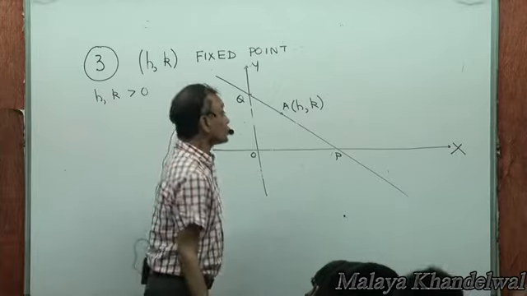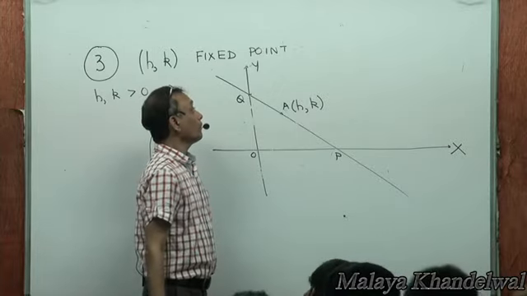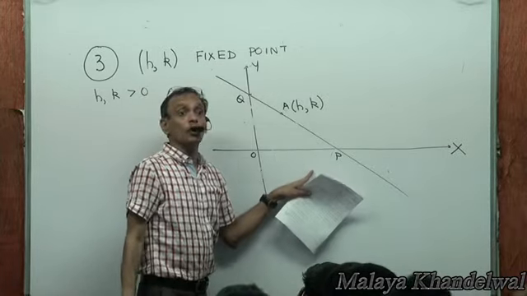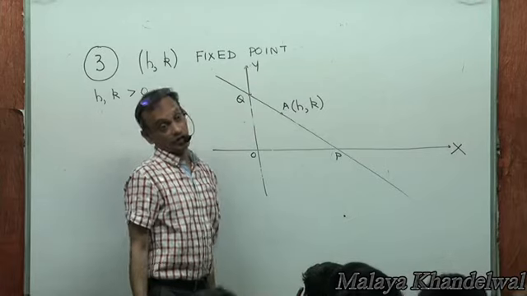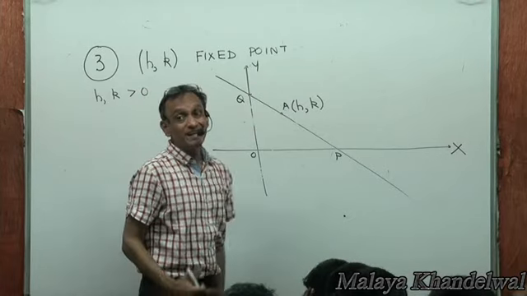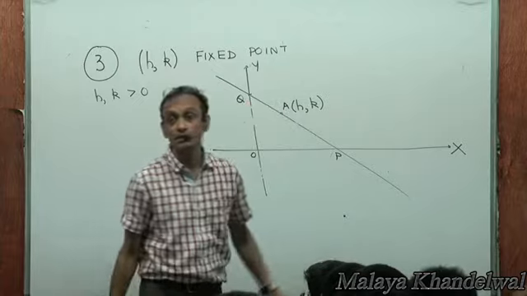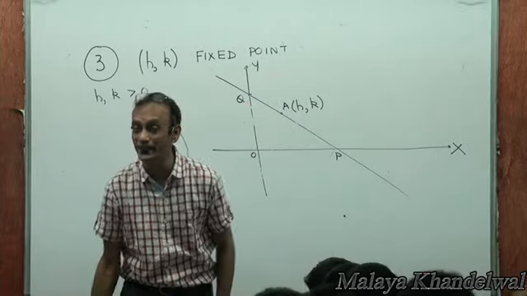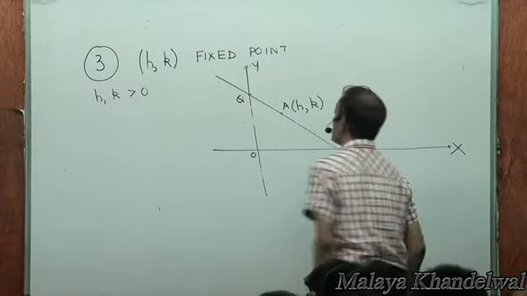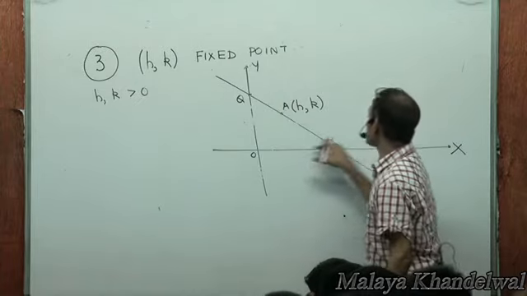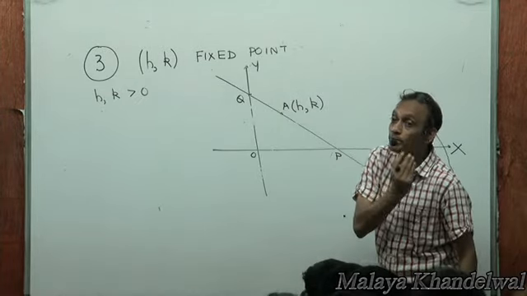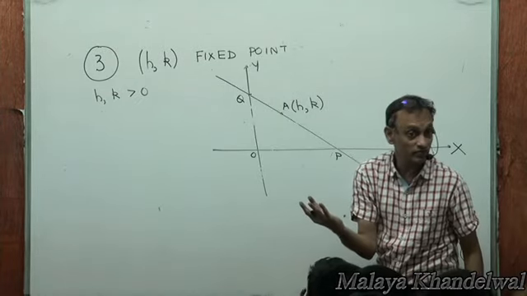Clear? Now, how many lines can you draw passing through A? Infinite. With each such line passing through A, given that P and Q are intercepts along the positive x and the positive y directions, how many such triangles OPQ can be formed? Infinite triangles OPQ can be formed, right?